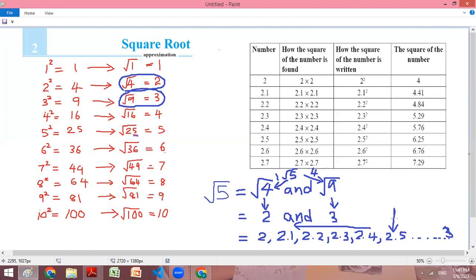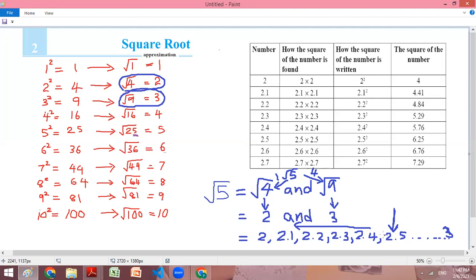But the middle value is 2.5. Then we can guess it. Root 5 is closer to root 4. Therefore, the final value is closer to 2.